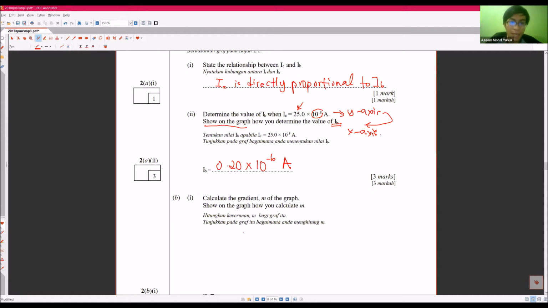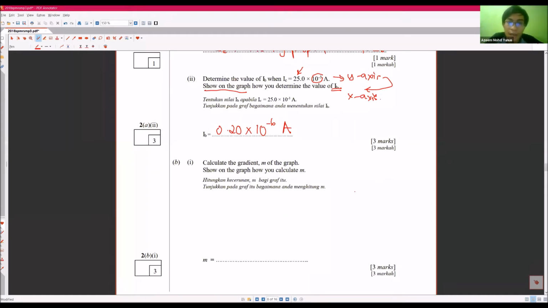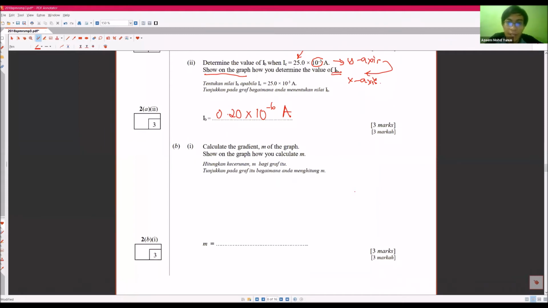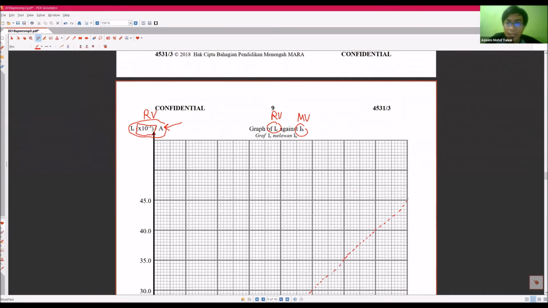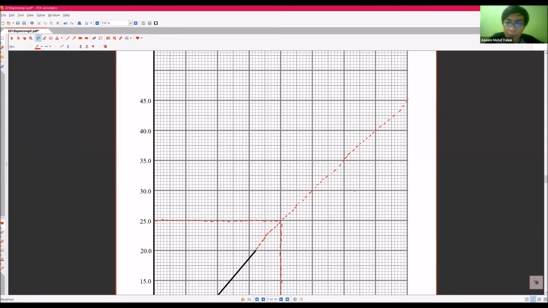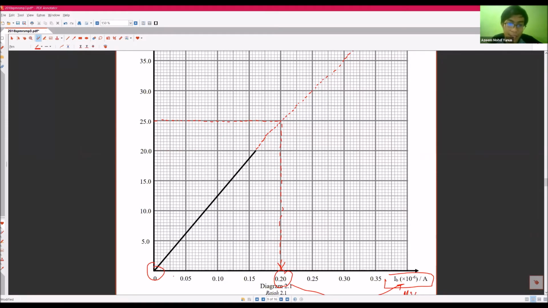Okay, next, B1, calculate the gradient M of the graph. Show on the graph how you calculate M. For the gradient, if you remember, we need to make a triangle of minimum size 8 cm by 8 cm. My rule of thumb is we just extend until the end of the graph.